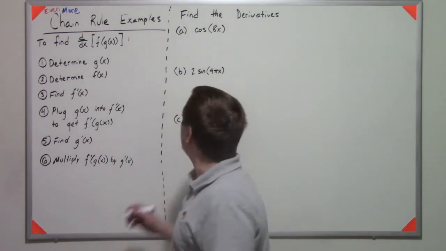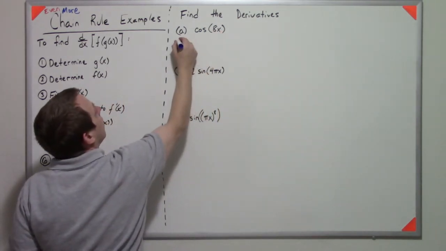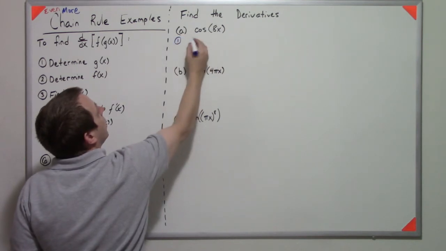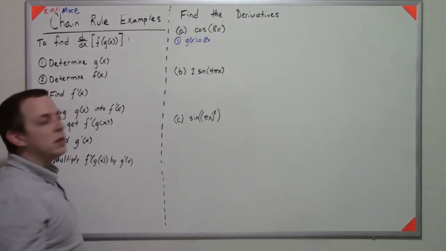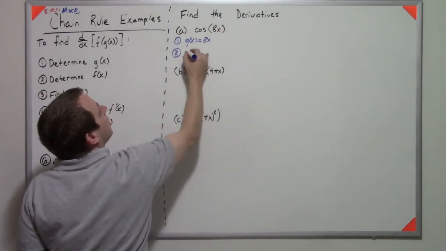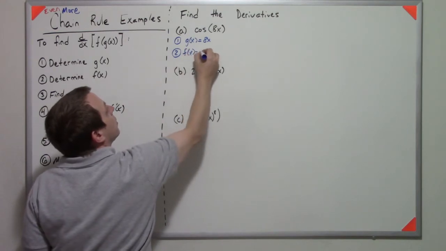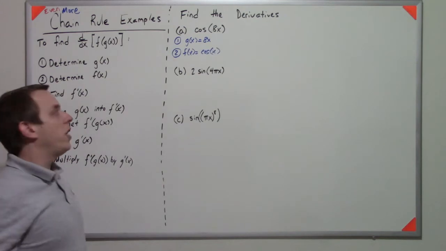So what we're going to do is we're going to say, okay, my inside piece here is 8x. My outside piece, whatever is left, is cosine of that glob, so that's cosine of x.